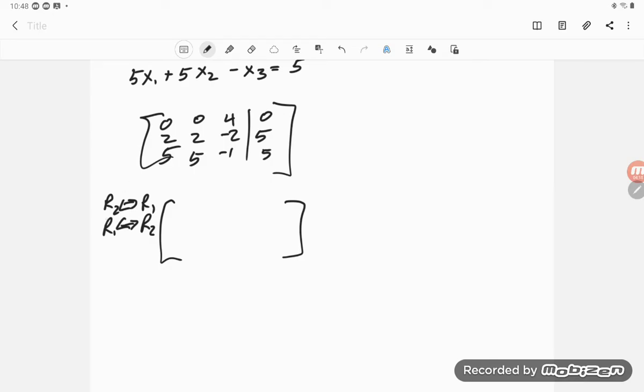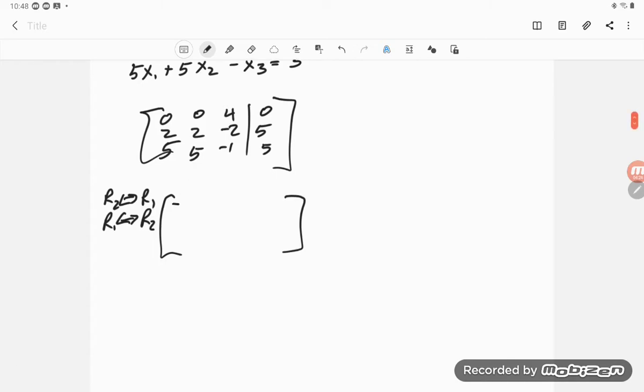Actually, they could be in the same order. I did row 2 double arrow row 1 and then row 1 double arrow row 2, but it really doesn't matter. They could both be the same. But when we do that, we rewrite this and we get 2, 2, negative 2, 5; 0, 0, 4, 0; and 5, 5, negative 1, and 5.